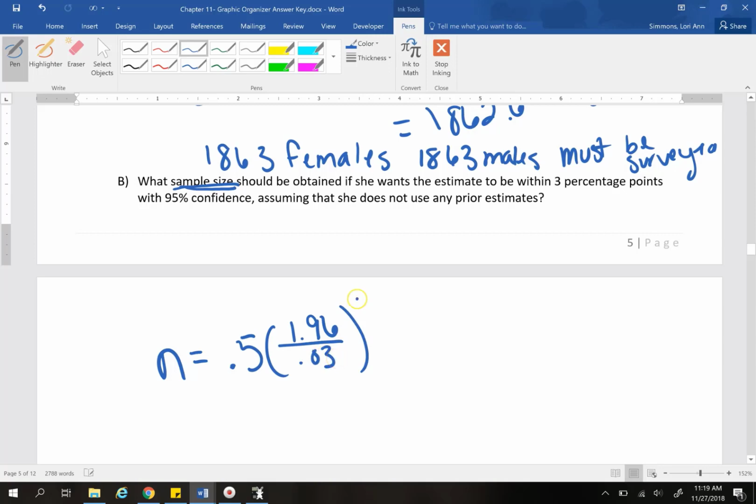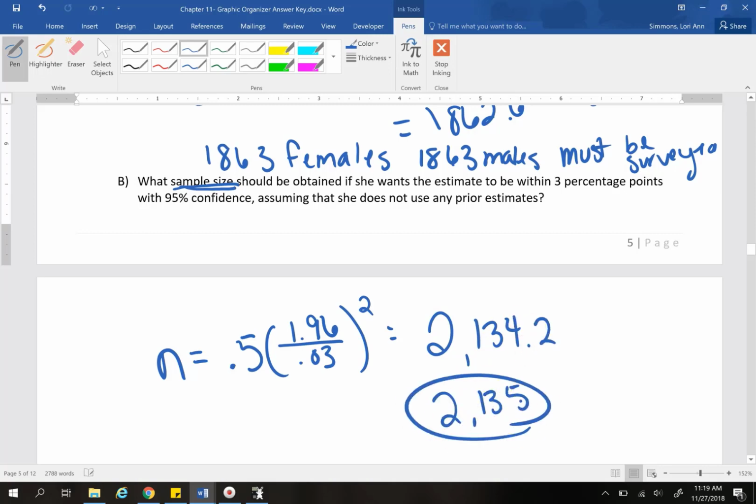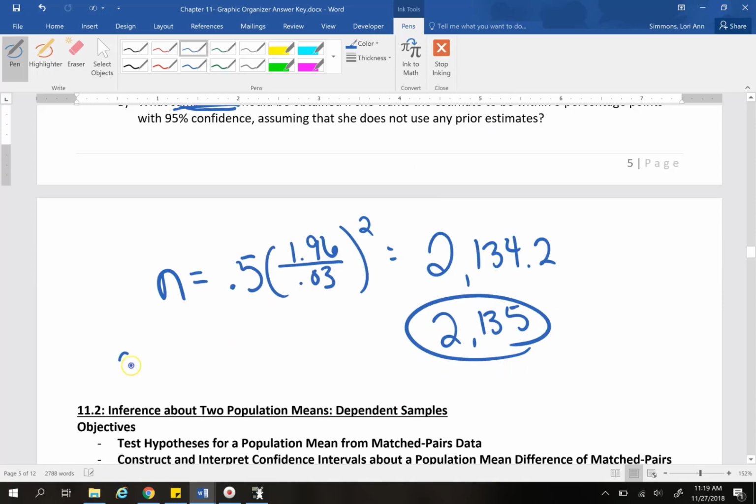Margin of error is 0.03. Square that, you should get 2,134.2. Round that up. So you should take 2,135 males, 2,135 females must be surveyed.